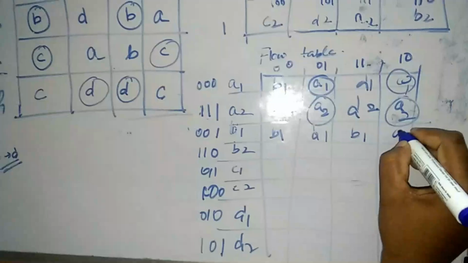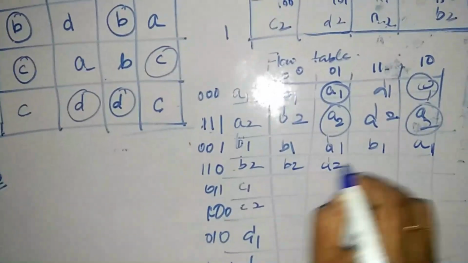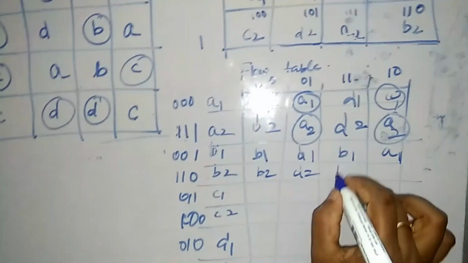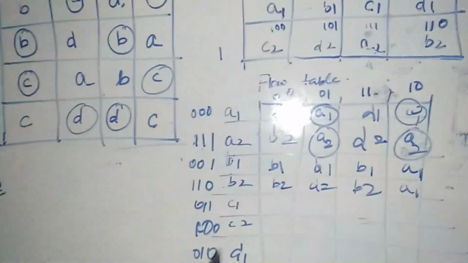For B to B, it's B1, and for B to A, it is A1 itself. Similarly, repeat the same. For B2, it is B2. For D2, it is D2. For B2, it is B2. And for A1, it is A1 because there was no position difference, right?